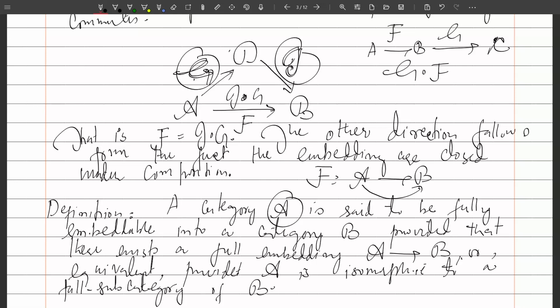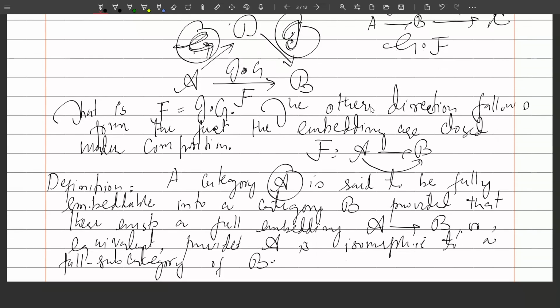So they are often regarded as the properties of objects. So a fully embeddable subcategory is determined by the properties of its object class.